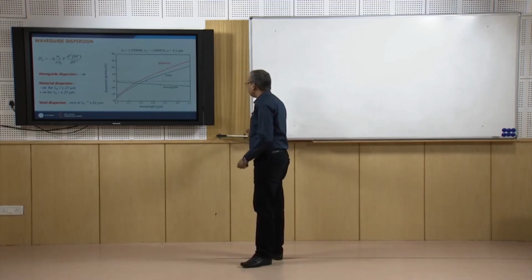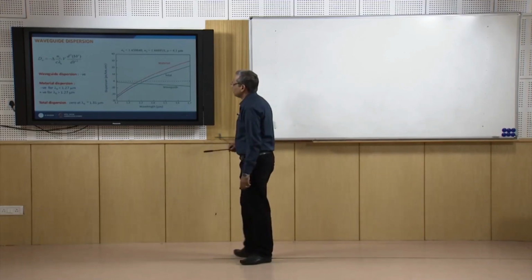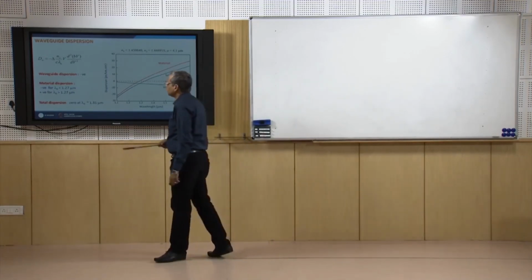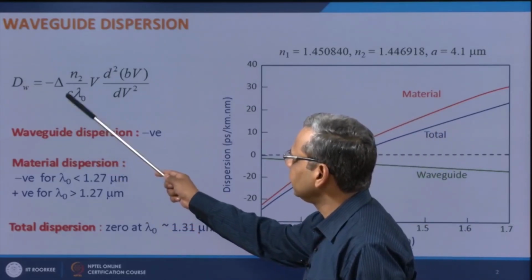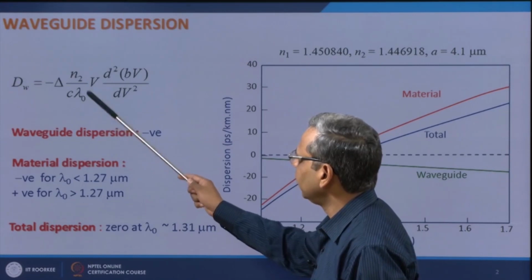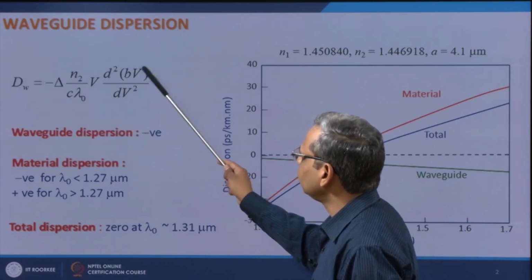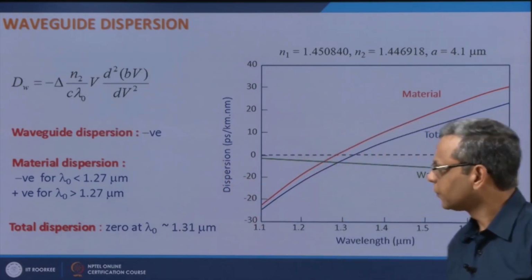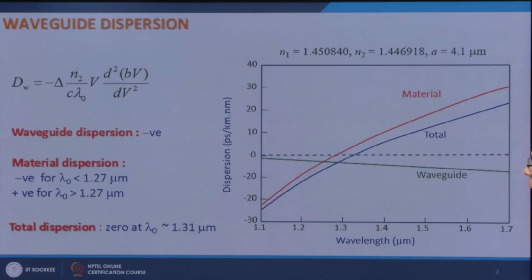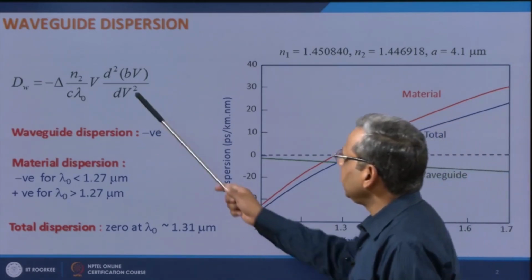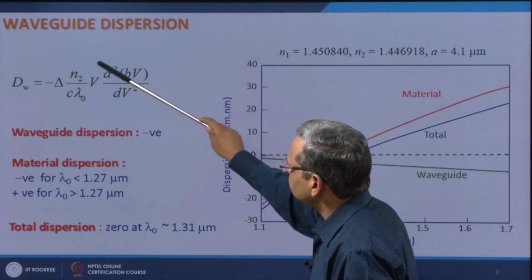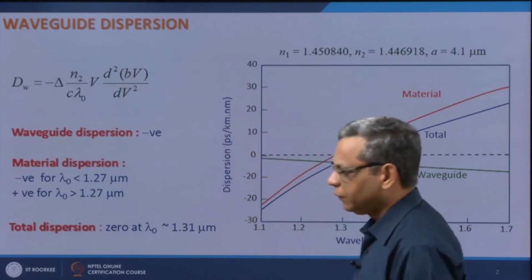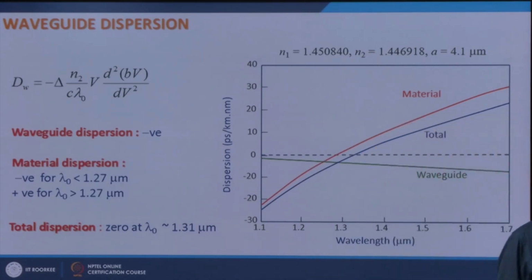The expression that we worked out for the waveguide dispersion coefficient is given by D_W equal to minus Delta N2 over C lambda naught times V d2(BV) over dV squared. We know how B depends on V. So, if we work out this V times d2(BV) over dV squared, then we can find out the waveguide dispersion.